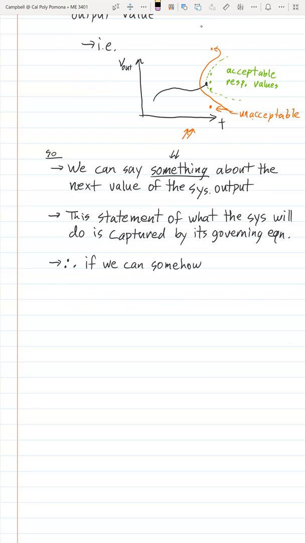So if we can somehow integrate, and here I'll bring in the idea that we're going to be doing this numerically, let's say this governing equation.